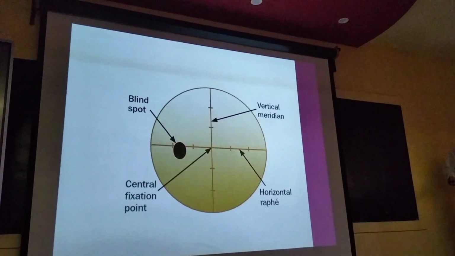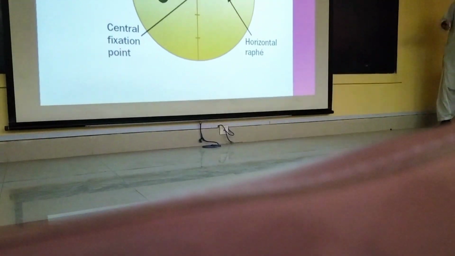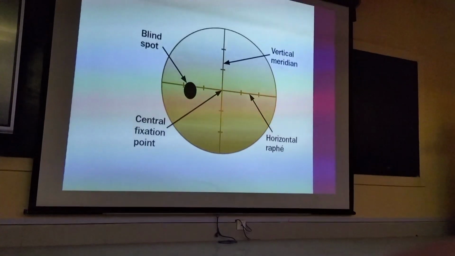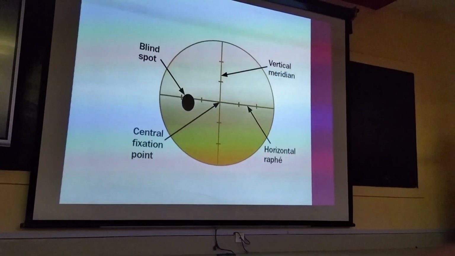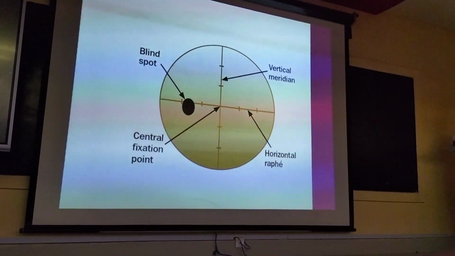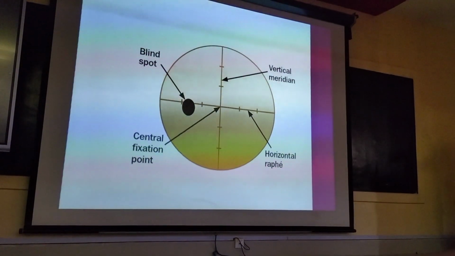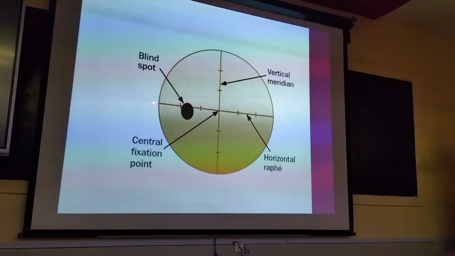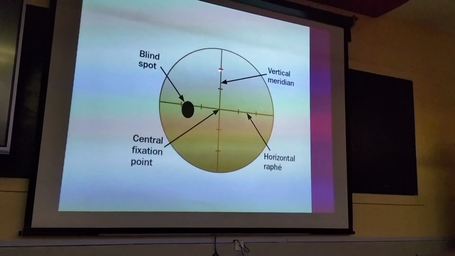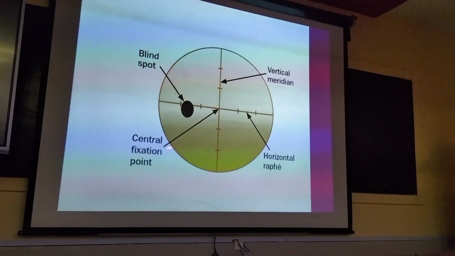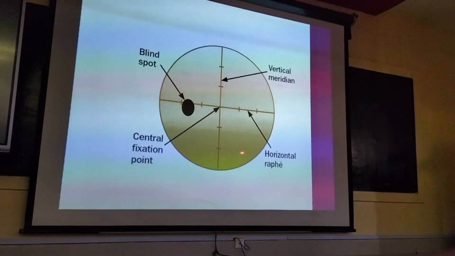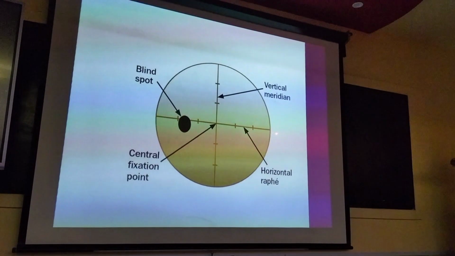Again, this is a picture which is showing you a visual field printout. Okay? This is a schematic diagram. Over here, two meridians are being drawn. These are just imaginary meridians. One is the vertical meridian, other is the horizontal meridian.